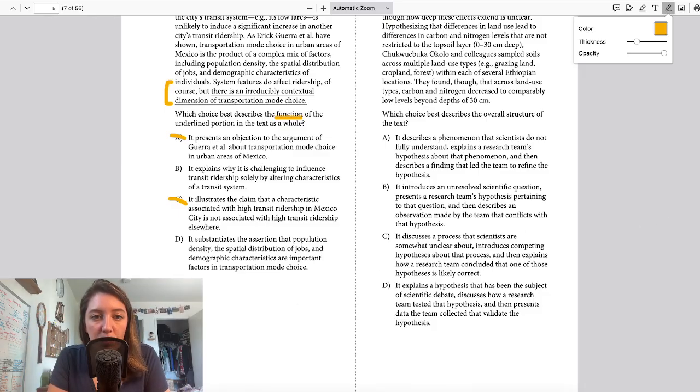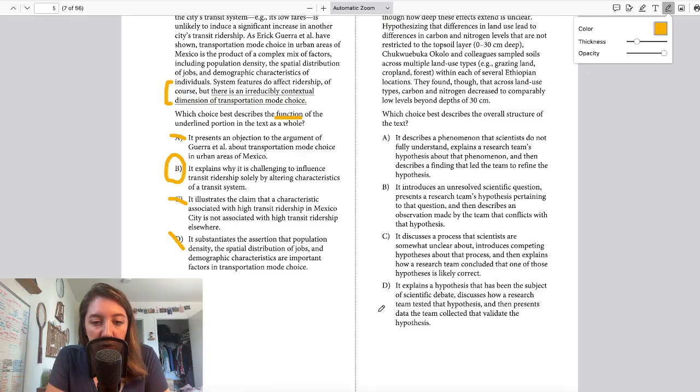Okay? So D says it substantiates the assertion that population density, the spatial distribution of jobs, and demographic characteristics are important factors in transportation mode choice. So again, this is true, right? They are important, but the larger point is this comparative point.